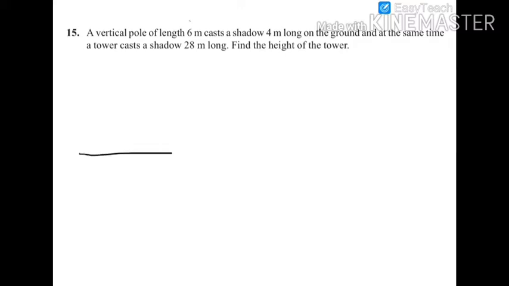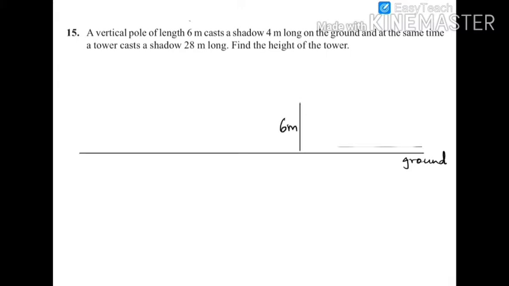So, say this is the ground, and a pole that is 6 meters long stands on the ground vertically. This means that the angle between the pole and the ground is 90 degrees.